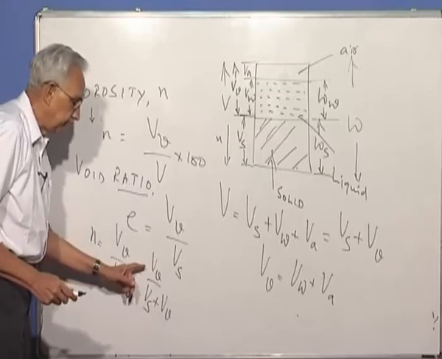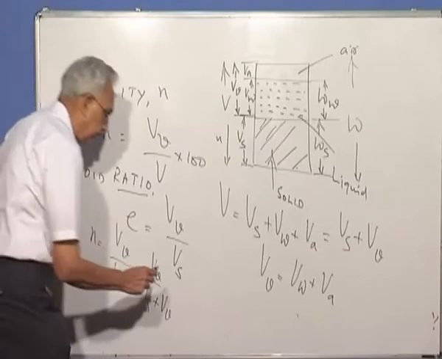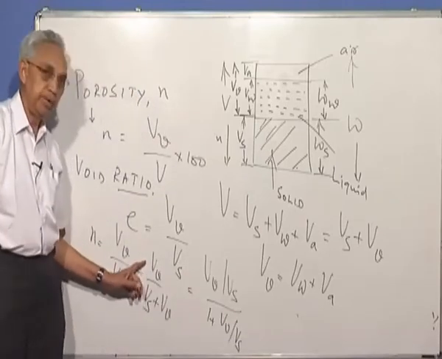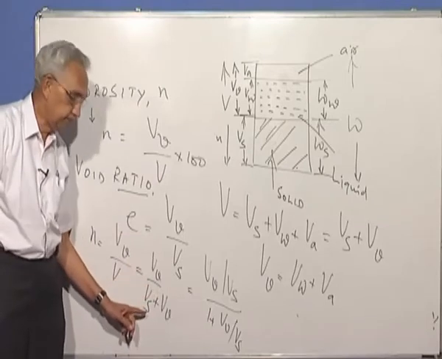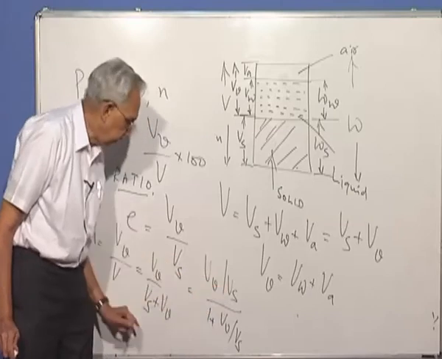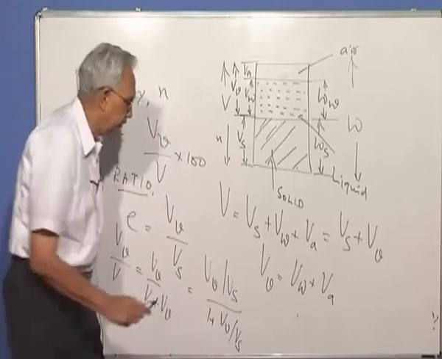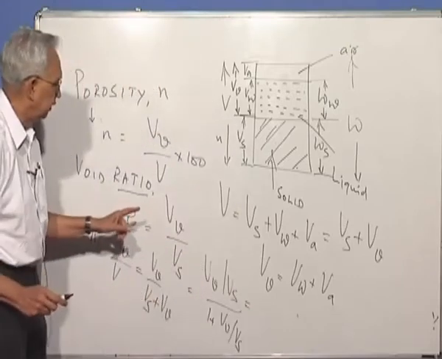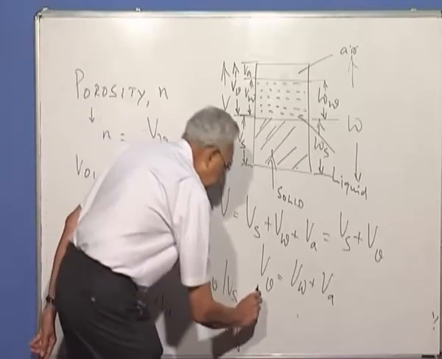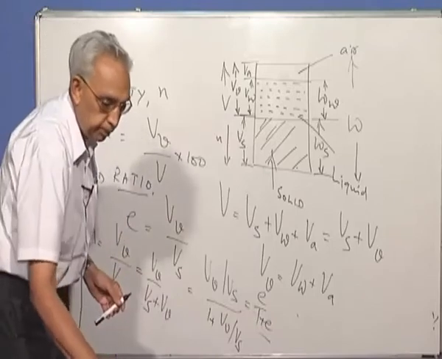Now you divide both the numerator and denominator by volume of solids, Vs. I get Vv by Vs divided by 1 plus Vv by Vs. By definition, Vv by Vs is equal to E, void ratio. So it becomes E by 1 plus E. So it's a very simple interrelationship between the two.